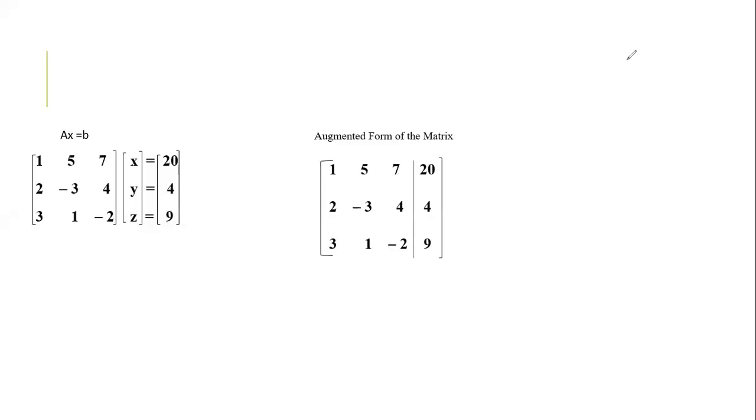This is the augmented matrix of the system which we've just seen, in the form A and B. Now, what's next? The whole idea in Gaussian elimination is that first you have your leading diagonal, and we need the elements below it to go to 0.